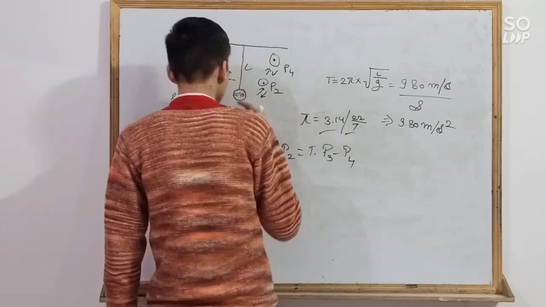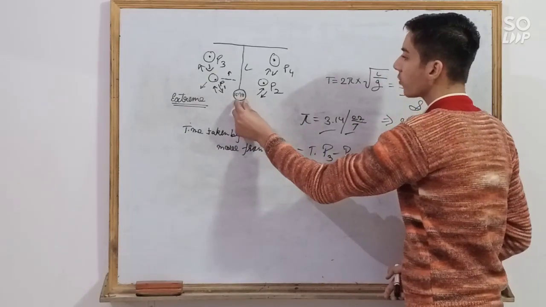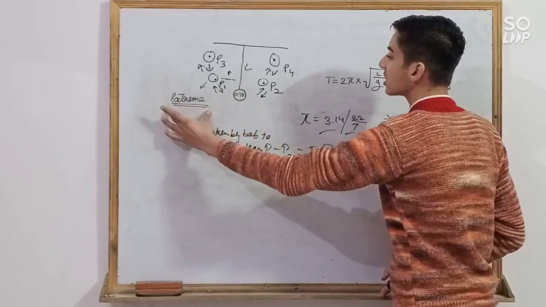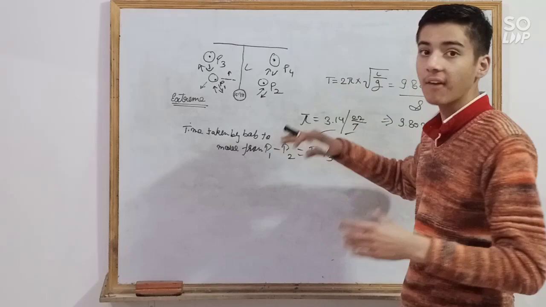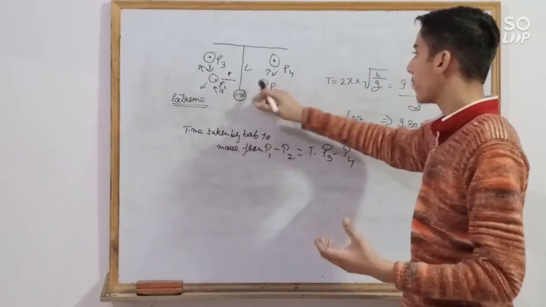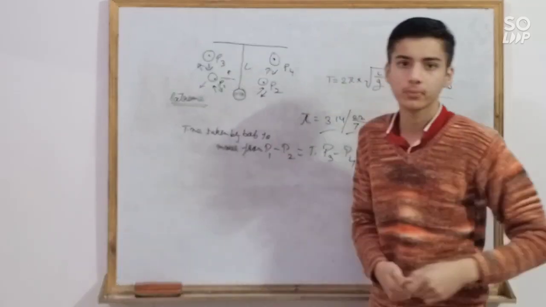And these two things mean that the mass of the bob or the extreme position of the bob doesn't affect the time period of the pendulum unless we change the length of this string.